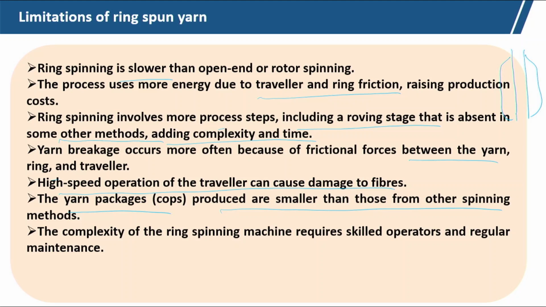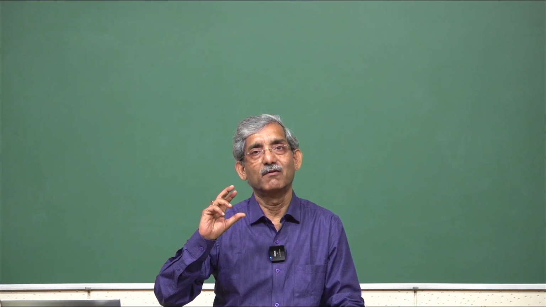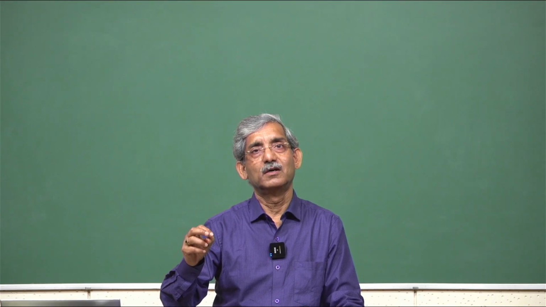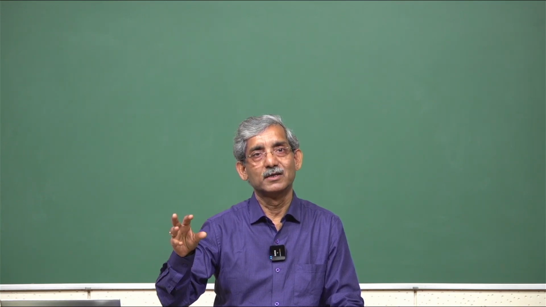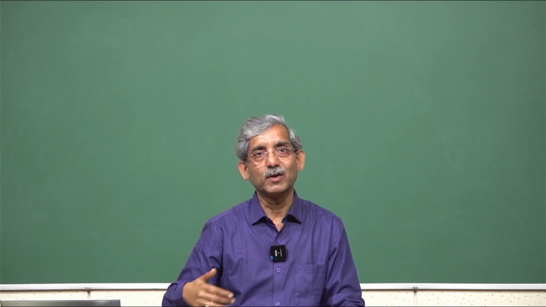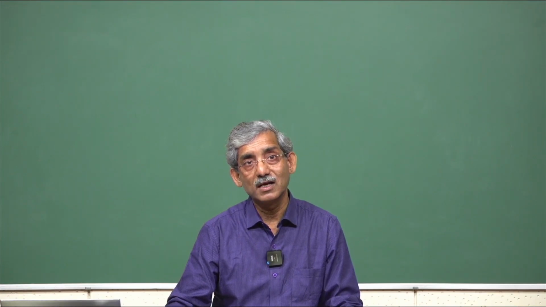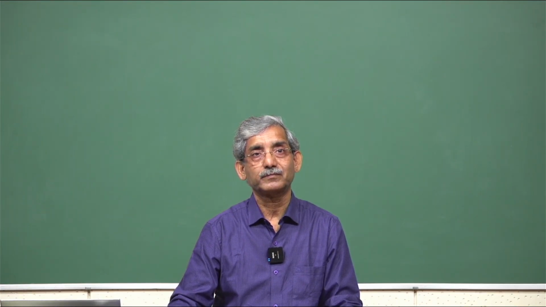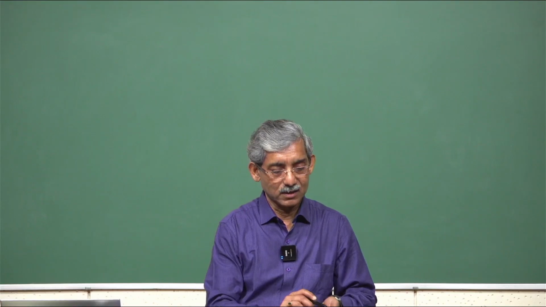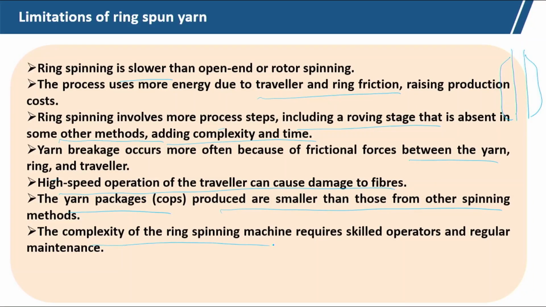But in spite of all these things, ring spinning has its own advantages. You can control its flexibility and its pore size. That is why for apparel application ring spinning is still very useful. The complexity of the ring spinning machine requires a skilled operator and regular maintenance.